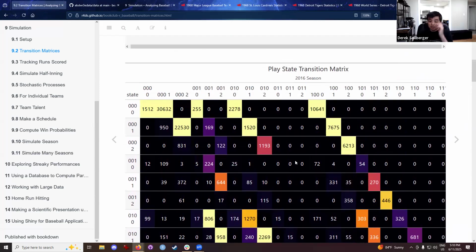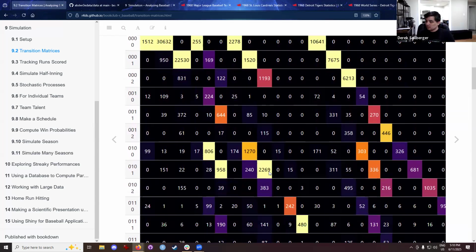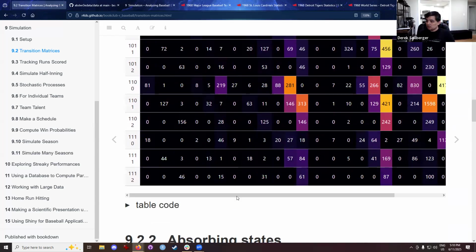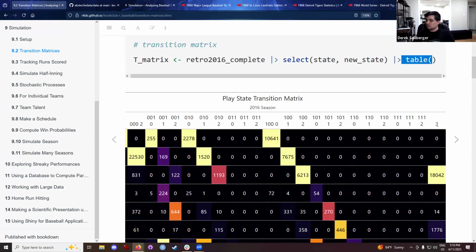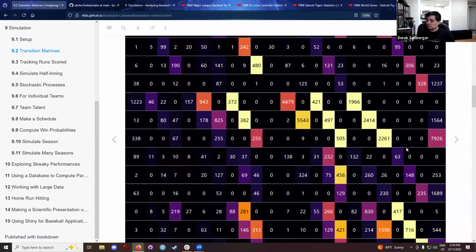You also see that there are a lot of zeros because in the way we're viewing the baseball half inning, you cannot go backwards. You cannot go backwards from, say, two outs back to zero outs in a half inning. And then on the right-hand side is our new designation for the complete three out situations as well.